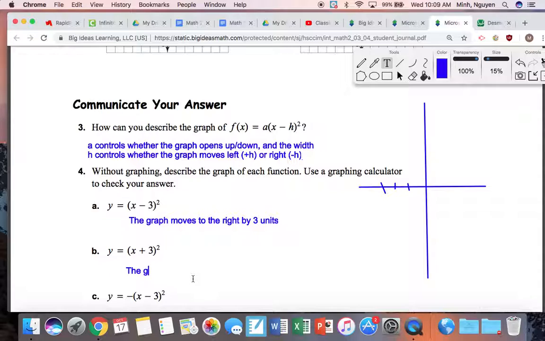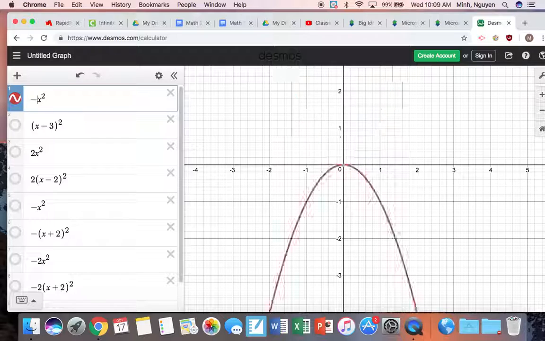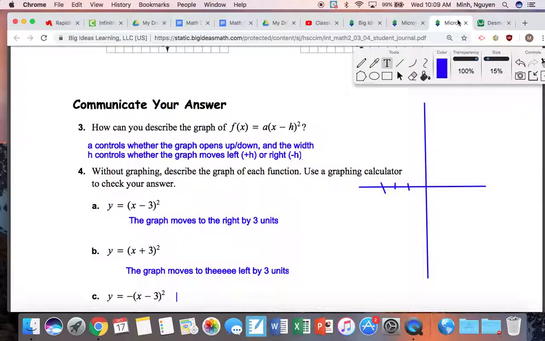Here, the graph moves to the where? Left by 3 units. And lastly, we have this number in front right here, this -1. So the -1, what does that do? As a reminder, I will show you right here. What does a negative do? Oh, it makes it face down.